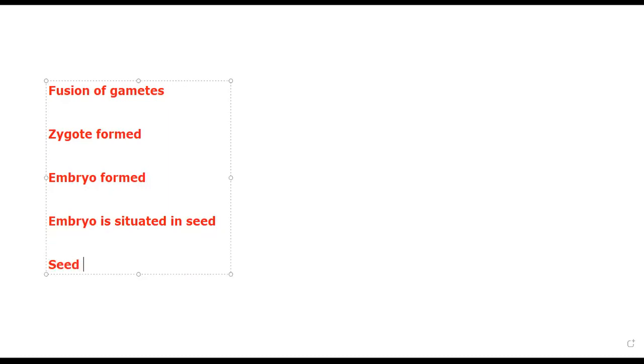When the zygote develops, an embryo is formed. The embryo is situated in the seed. The seed germinates. A new plant appears. This is how in the world every plant is born.